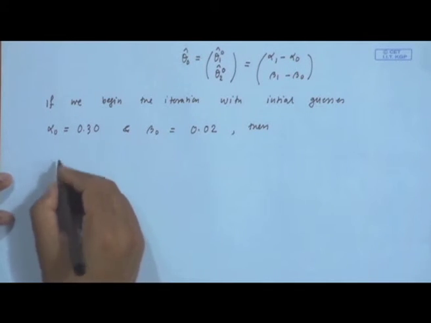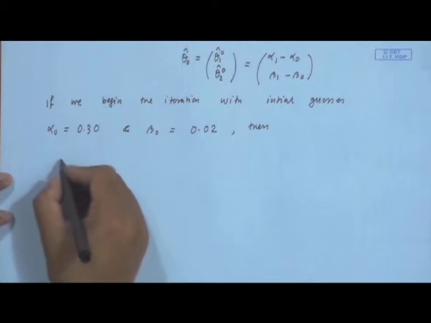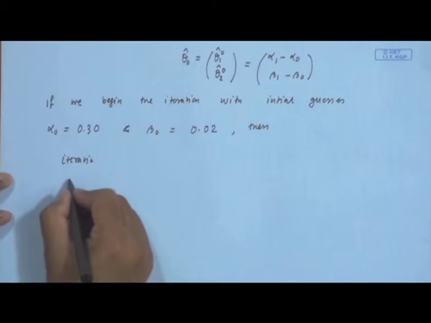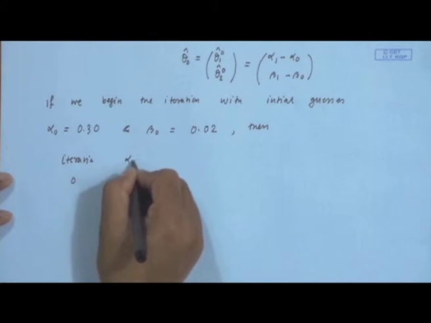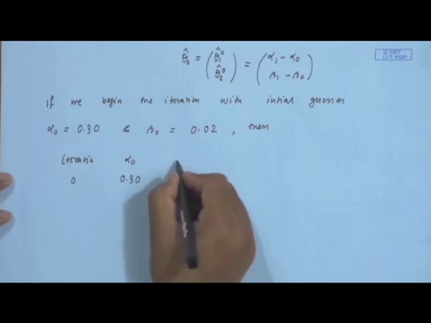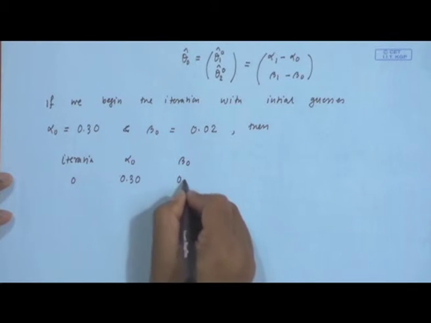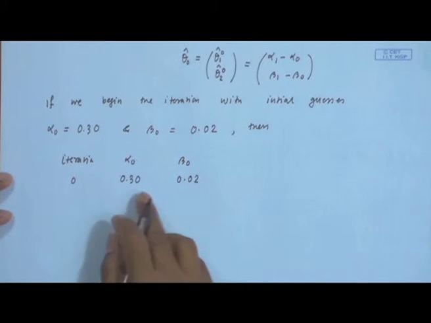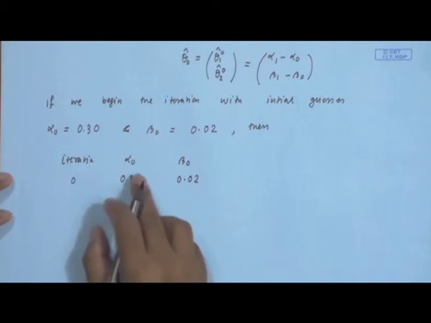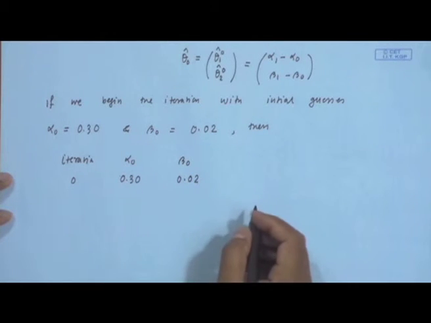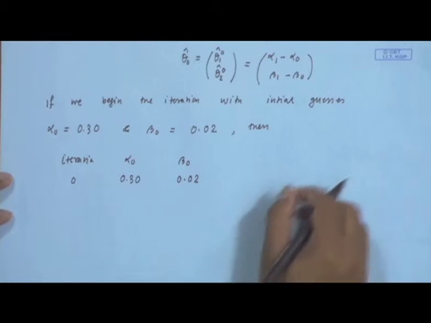So, the first iteration, say 0, we have alpha 0, we took alpha 0 as 0.30 and beta 0 as 0.02, and we approximated the function about this point alpha naught, beta naught using Taylor expansion, and we made it linear.